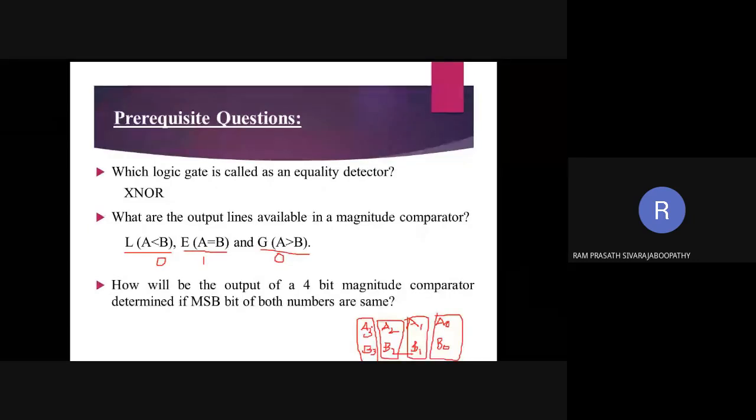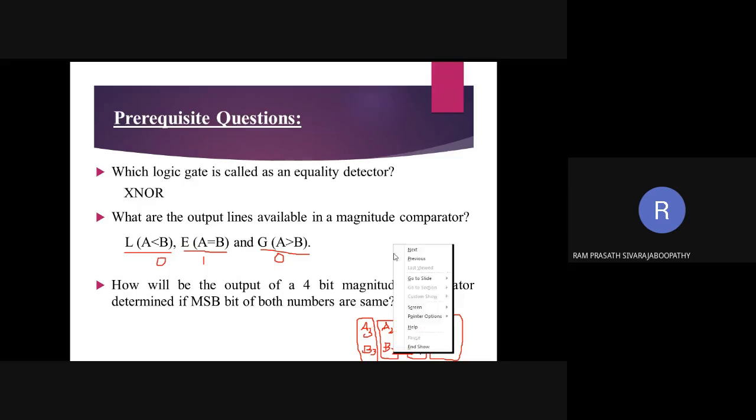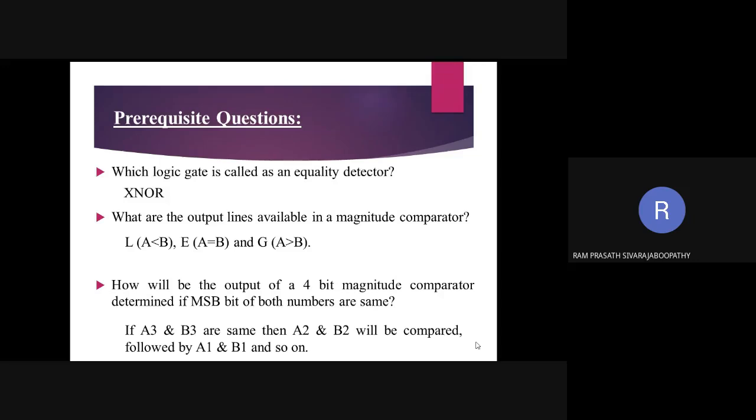From the MSB till LSB, if all bits are same, then we can say the numbers are equal, or else it may be lesser or greater. So here A3 and B3 are same, then A2 and B2 will be compared, followed by A1 and B1, and so on.